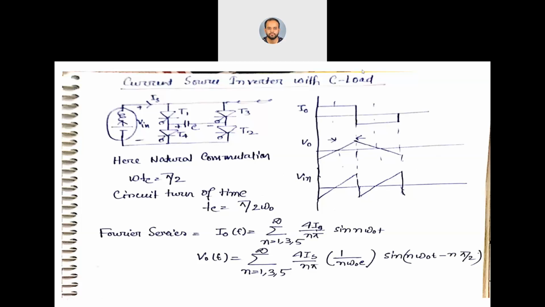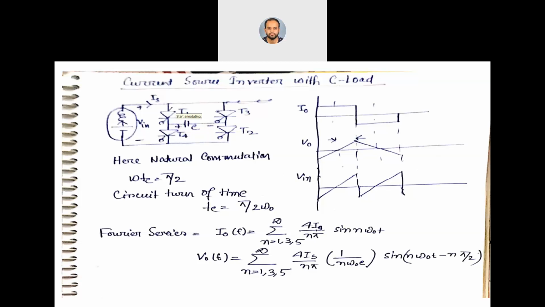So in this period the voltage is positive, and here also the voltage is positive. When current starts to flow in the other direction, T1, T3 and T4 are conducting, but still the voltage is remaining positive.